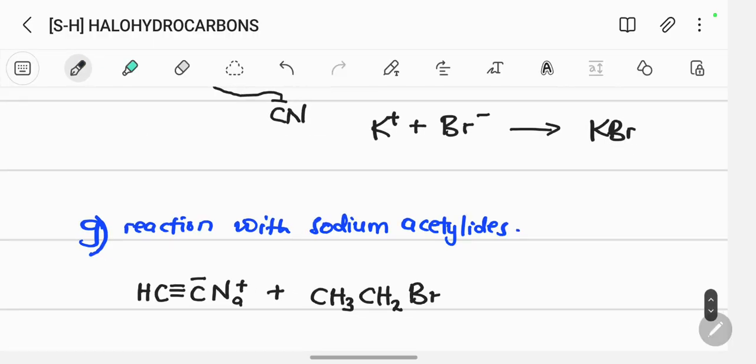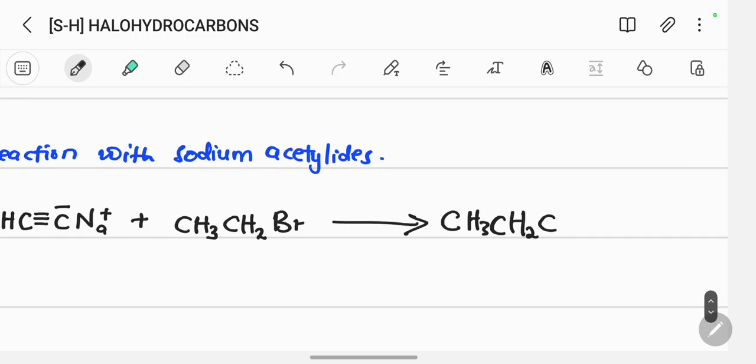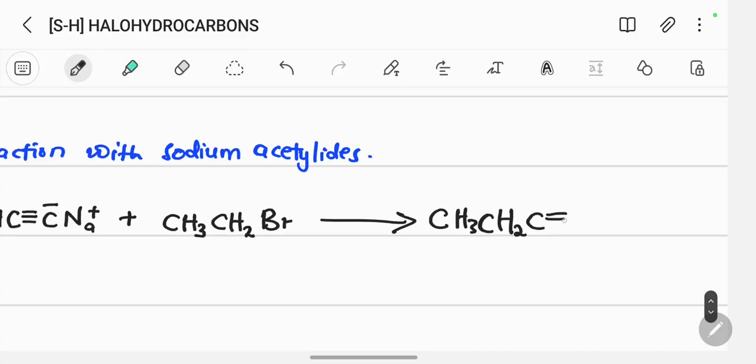So I'm having this reaction and it's going to give me CH3CH2C triple bond CH, plus sodium bromide.